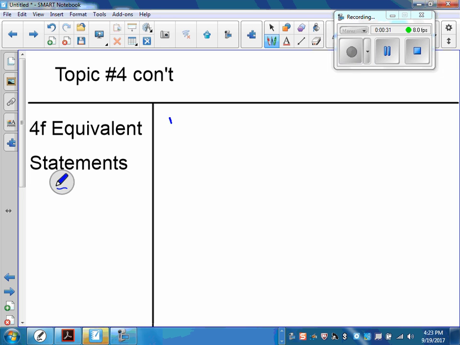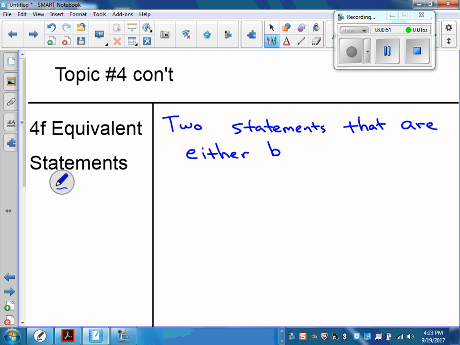So, two statements that are either both true or both false.